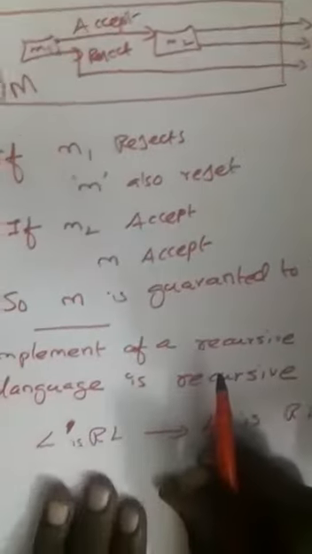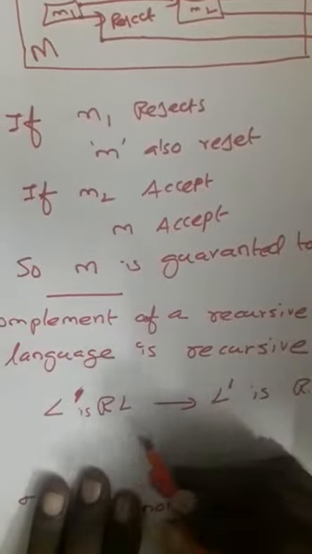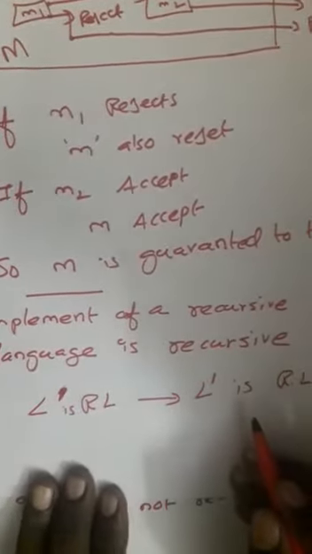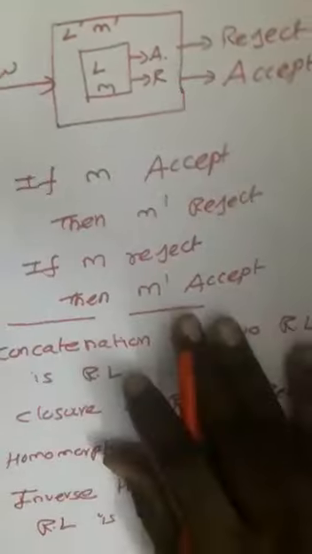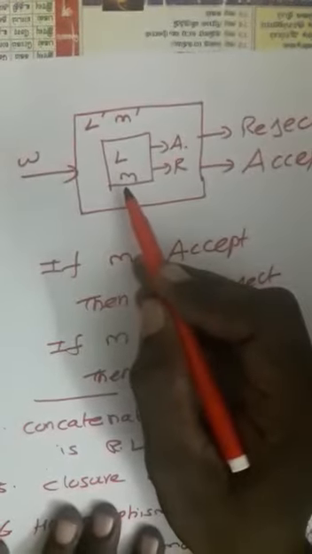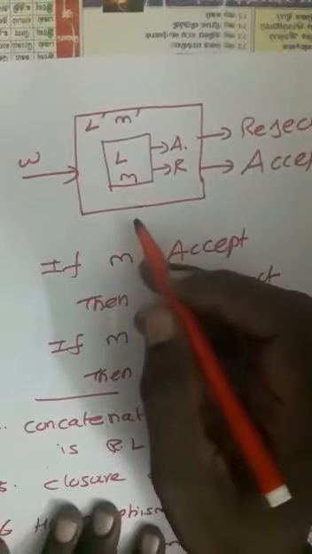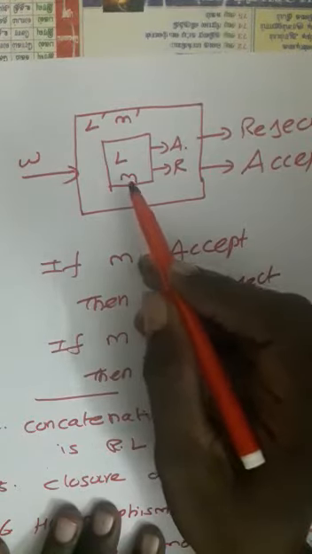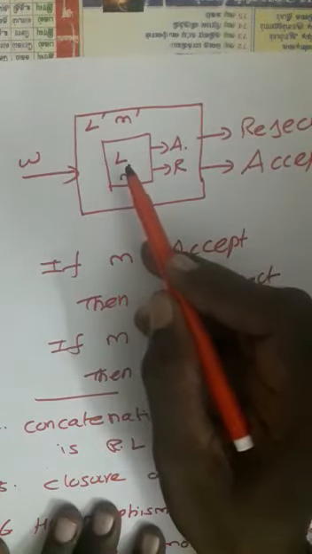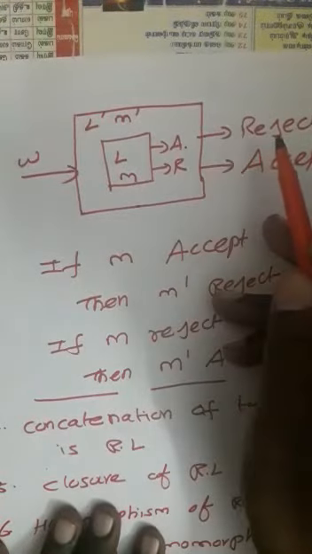Third property, complementation. The complement of a recursive language is also a recursive language. So how to design a Turing machine for this? Here there is a Turing machine that can accept the complement. Consider the Turing machine M for the language L. If it accepts, then M dash rejects.